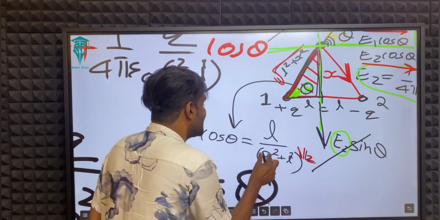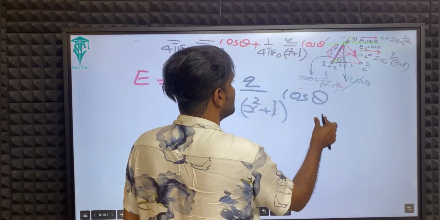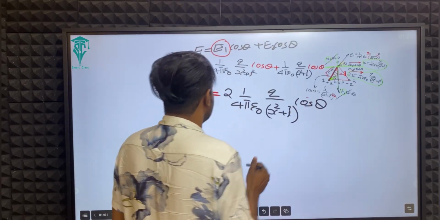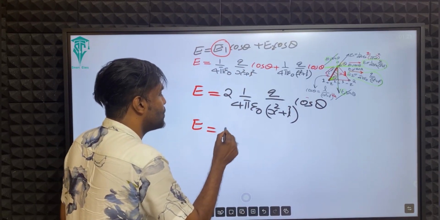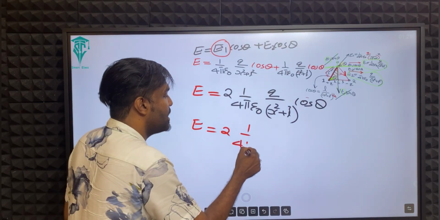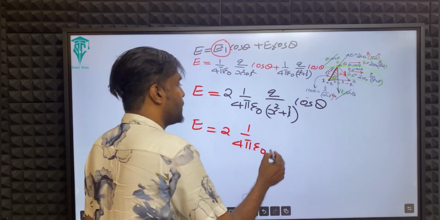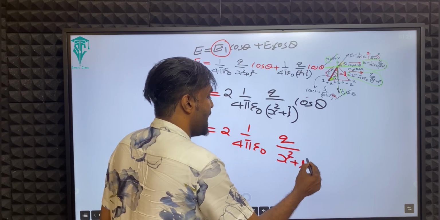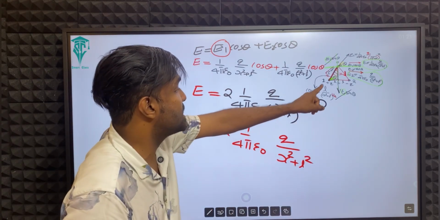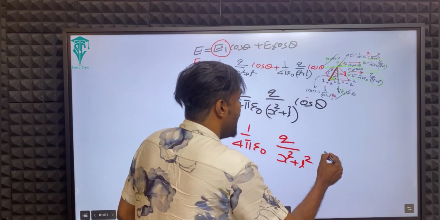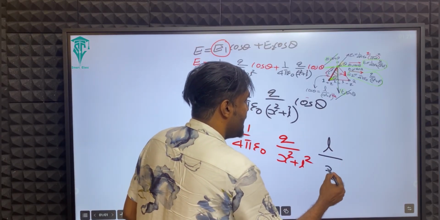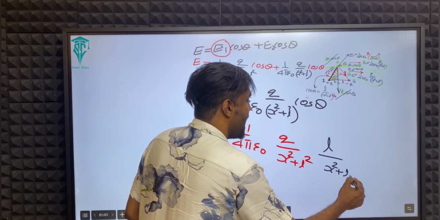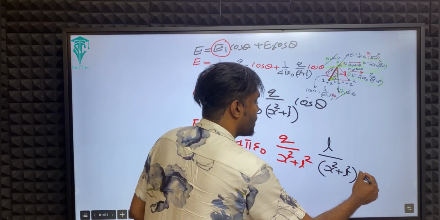So please place that value of cos theta there. That is, E is equal to 2 into 1 by 4 pi epsilon 0 q divided by x square plus L square, and instead of cos theta, place L divided by x square plus L square the whole raised to 1 by 2.